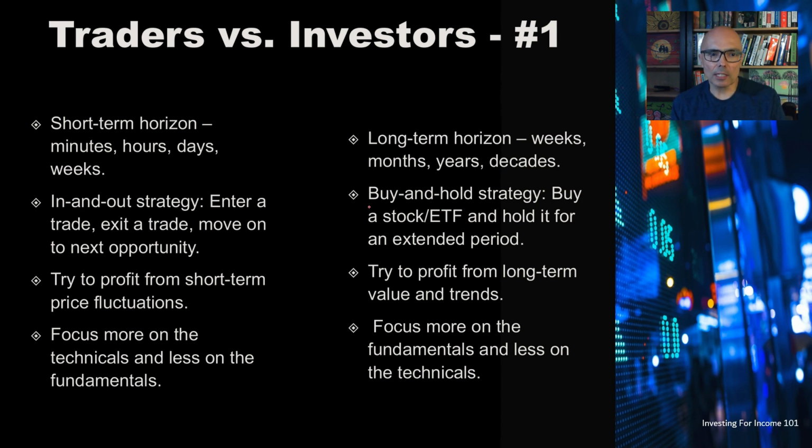Whereas investors typically use the buy and hold strategy. They buy a stock or ETF and hold it for an extended period of time, often forever, really. Traders try to profit from short-term price fluctuations, and investors, on the other hand, try to profit from long-term value and long-term trends, right?